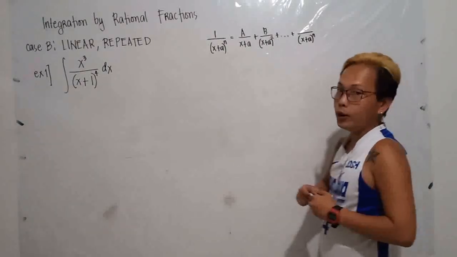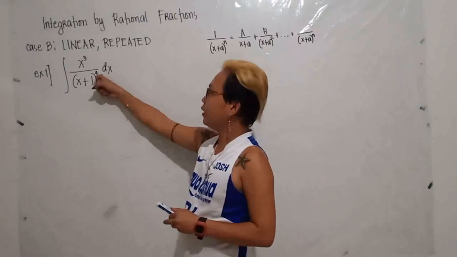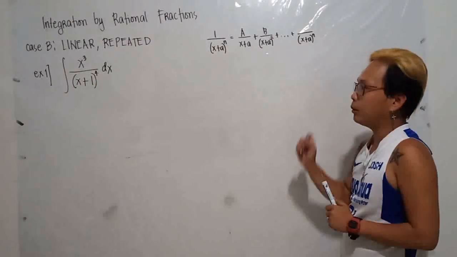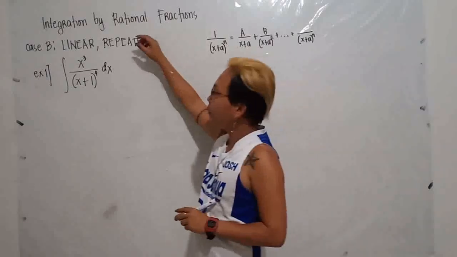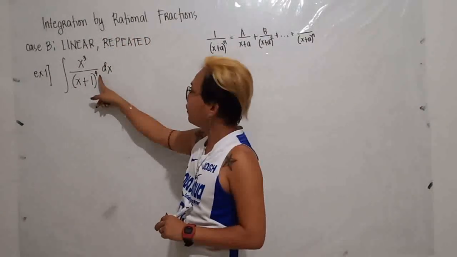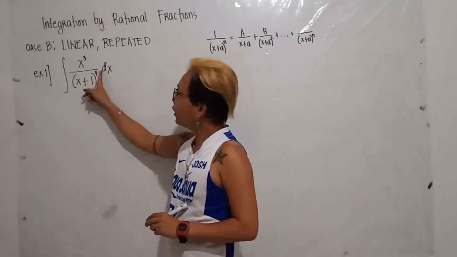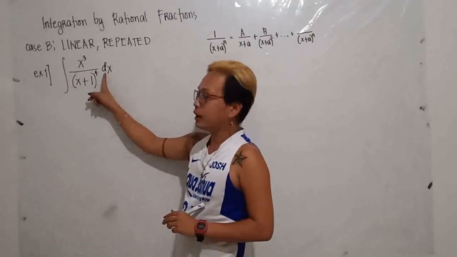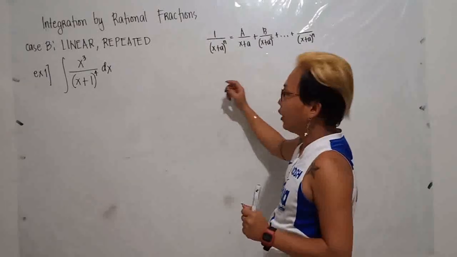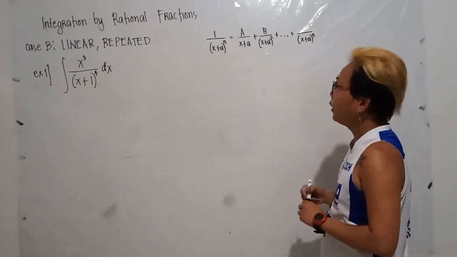So, kung ano yung degree ng repeated roots, dapat ganun din kadami yung maging fraction mo. So, in our example, we will have x cubed over x plus 1 raised to 4 dx. So, yung denominator natin naka-raised to 4.